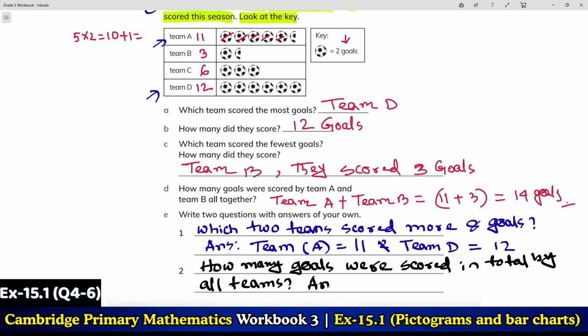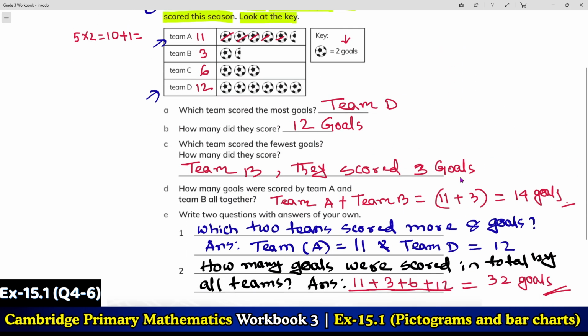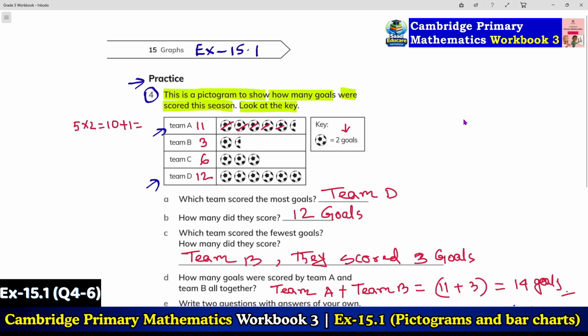So our answer will be 11 plus 3 plus 6 plus 12. It means 11 plus 3 is 14, 14 plus 6 is 20, 20 plus 12 is 32 goals scored by all teams together. So this is our 2 questions and answers which we made on our own. So question 4 done.